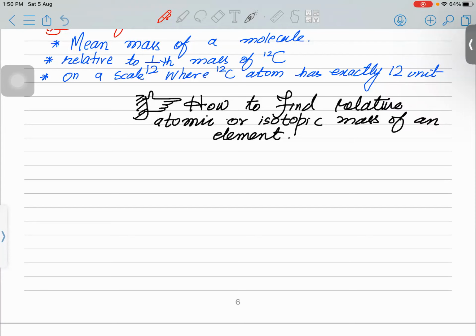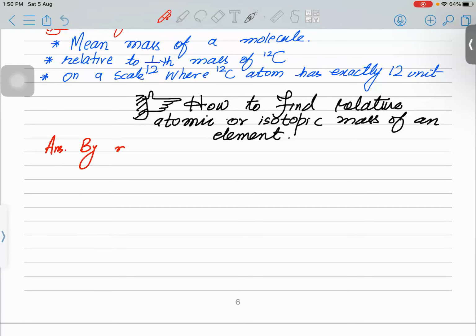How can you find it? By a machine known as a mass spectrometer.